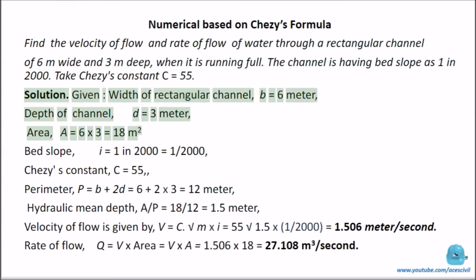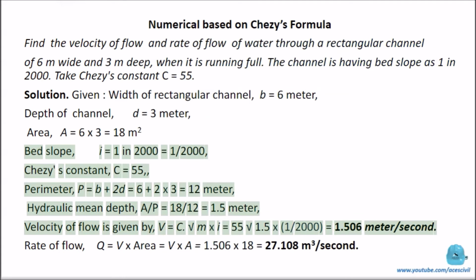Solution. Given width of rectangular channel b equals 6 meter, depth of channel d equals 3 meter, area A equals 6 times 3 equals 18 m squared. Bed slope i equals 1 in 2000 equals 1/2000. Chezy's constant C equals 55. Perimeter P equals b plus 2d equals 6 plus 2 times 3 equals 12 meter.